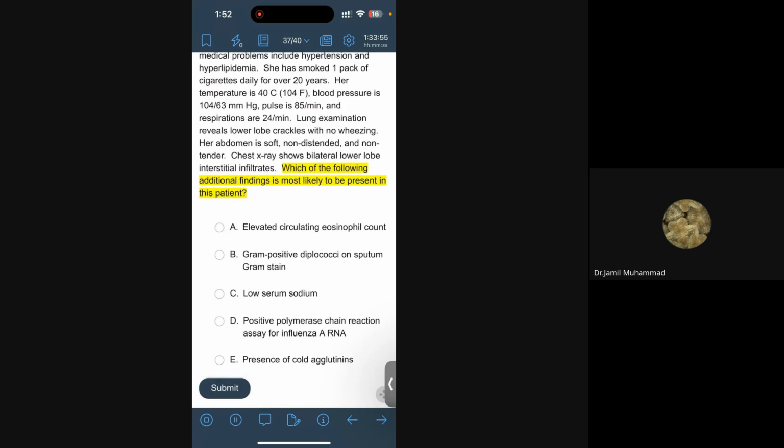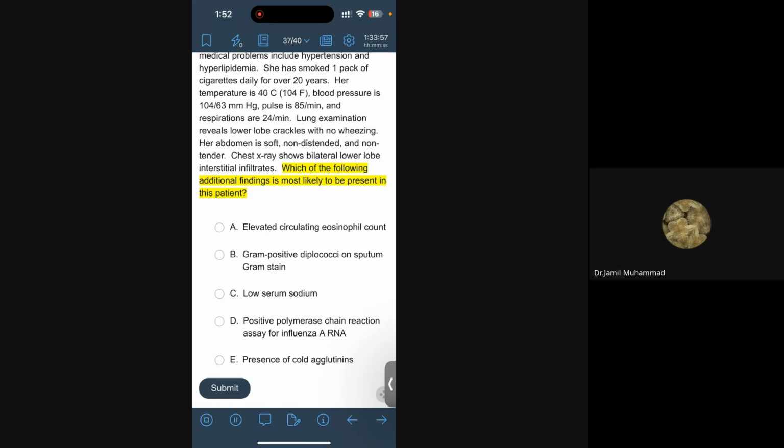Temperature is 104. Lower lobe crackles. Bilateral lower lobe interstitial infiltrates. The patient was on a cruise ship to Hawaii. What is going to be the diagnosis?